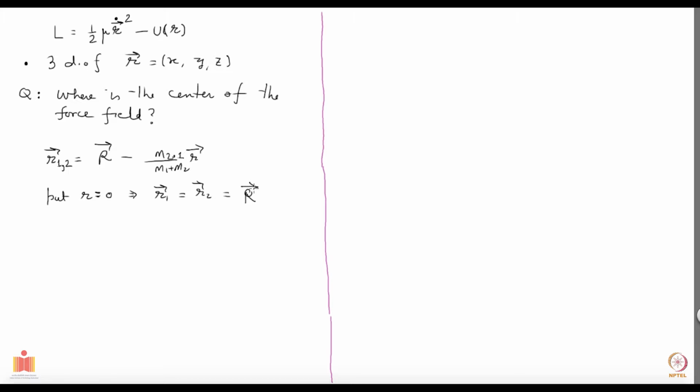So your r equal to 0 corresponds to both the particles being situated at the center of mass. So that place, the center of mass, is where your r is equal to 0.